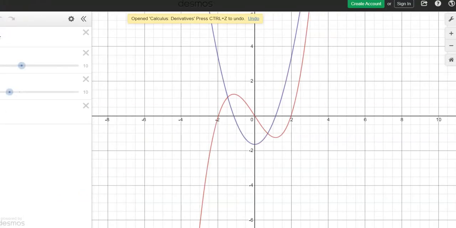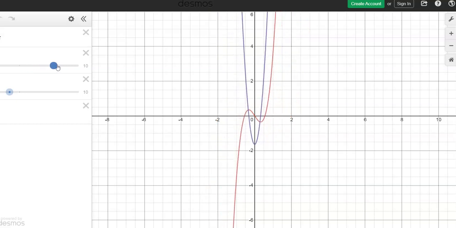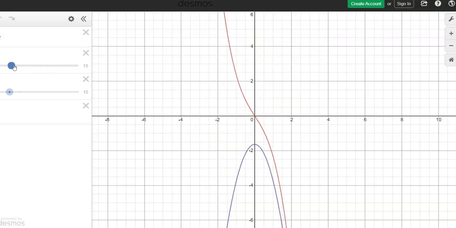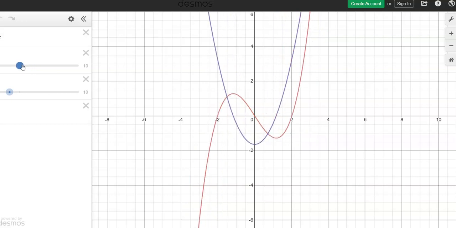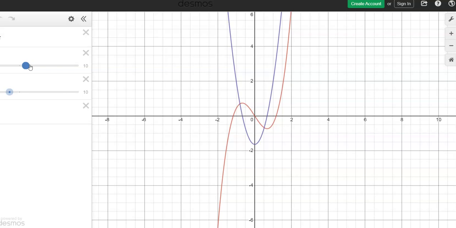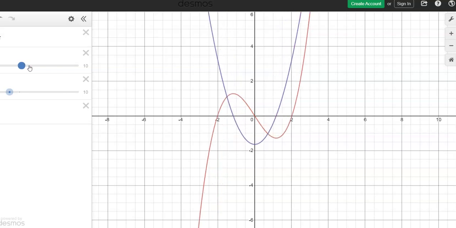So notice here that this is a cubic that I have here in red. And actually, if I change the a value, that's just changing the way that cubic looks, okay? But notice that the blue is actually the derivative of my function. And so if I have an x cubed, this looks like an x squared.